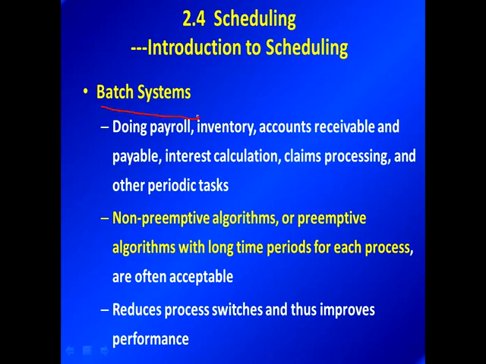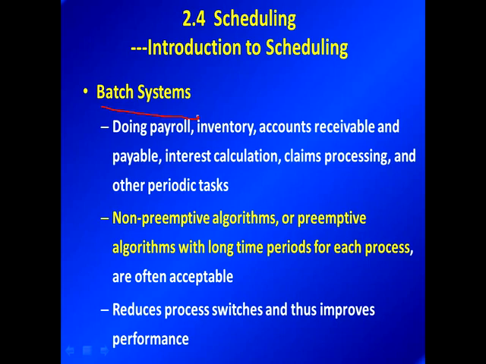If we reduce the process switches, we can save more CPU time to run the real instructions, so we can improve the performance. The basic idea is to reduce the process switches. So you can see non-preemptive algorithms are usually adopted for this kind of system.